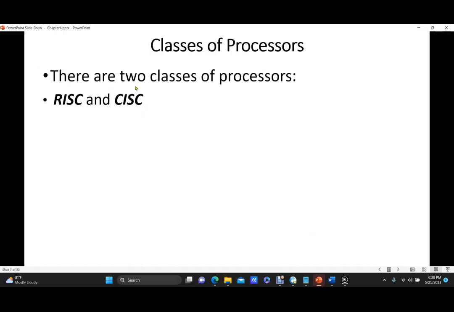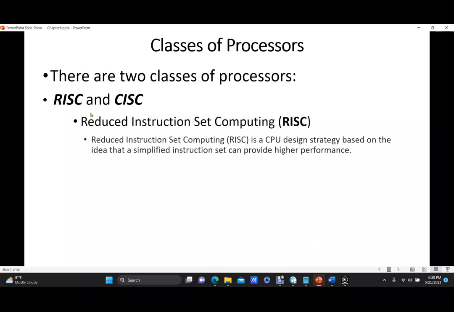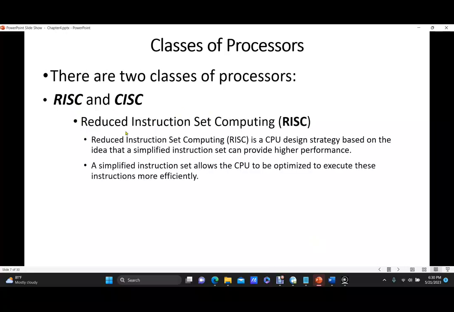There are two classes of processors, RISC and CISC. The reduced instruction set processors, RISC processors, use a smaller reduced instruction set.